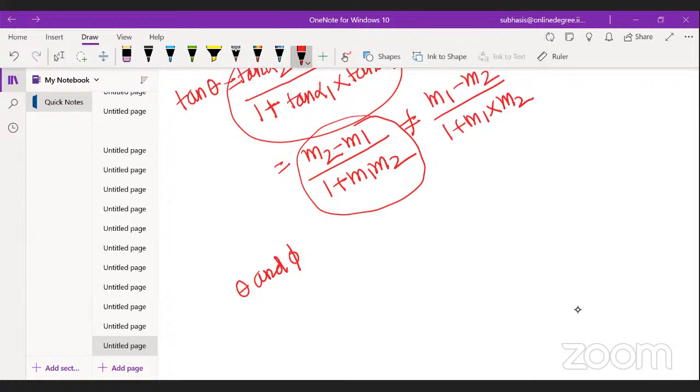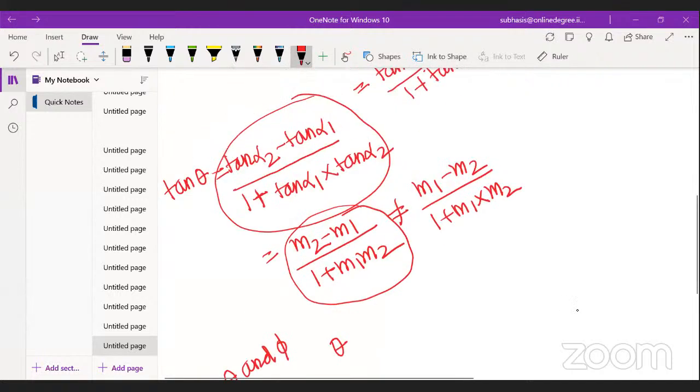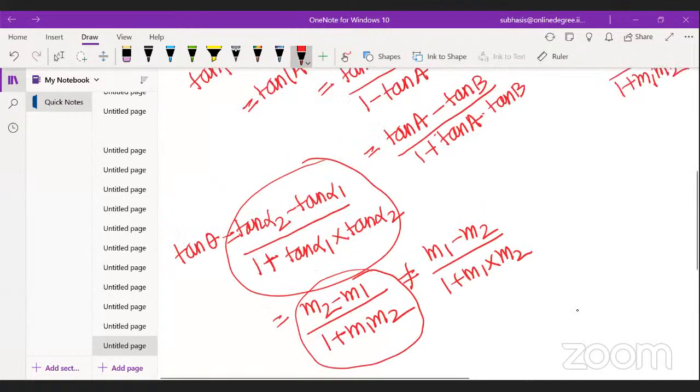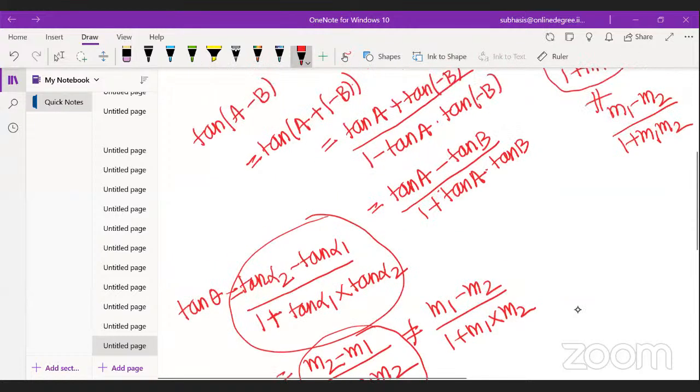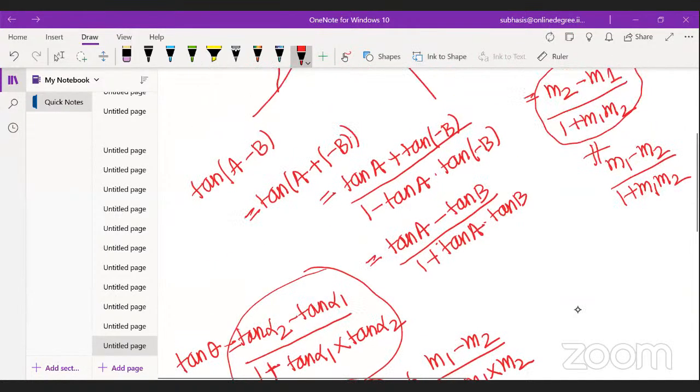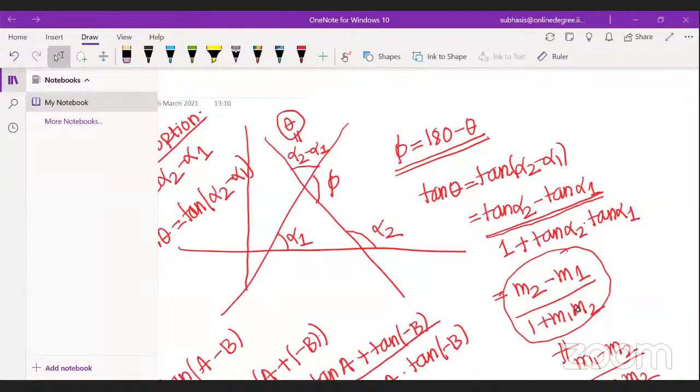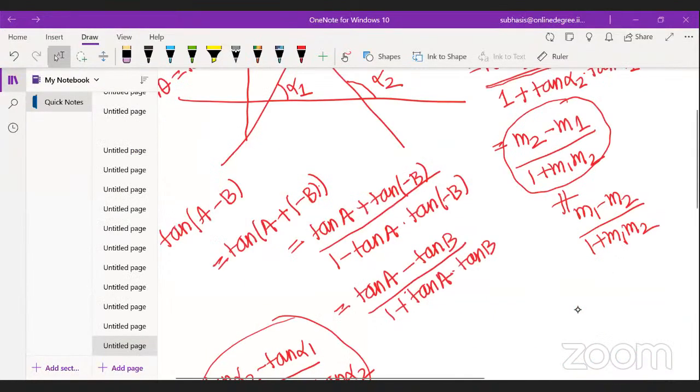Sir, I'm a little bit confused about the formula of tan alpha 2 minus. That is fine, but the idea is that you have some relation and you have to use that relation to get the answer. Is this question clear now? Yes, sir, it is clear.